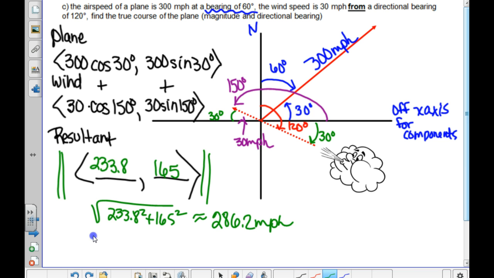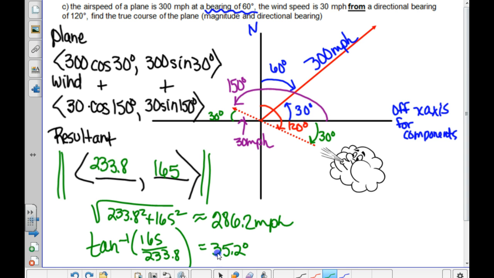Okay. Inverse tangent of 165 over 233.8. 35.2 degrees.